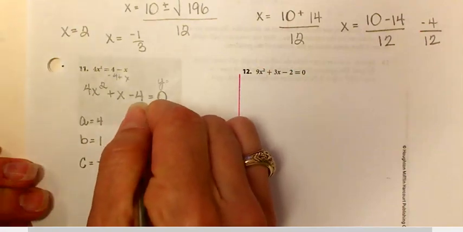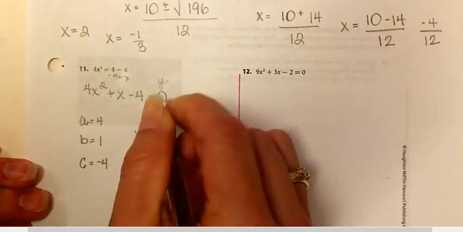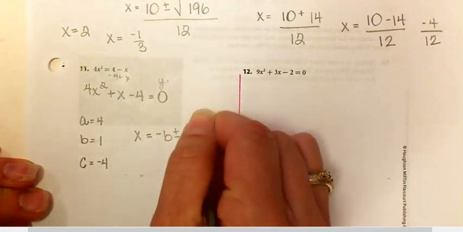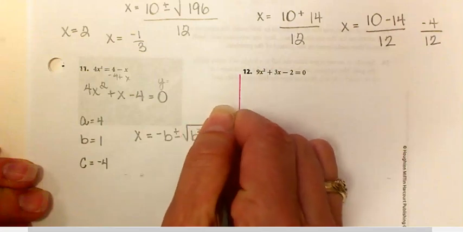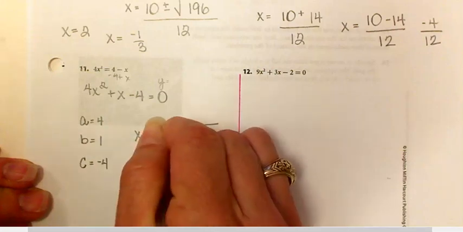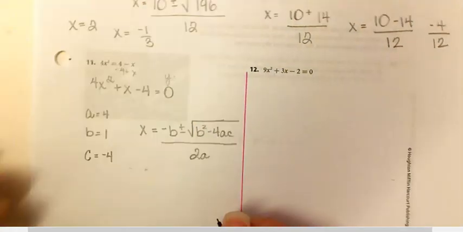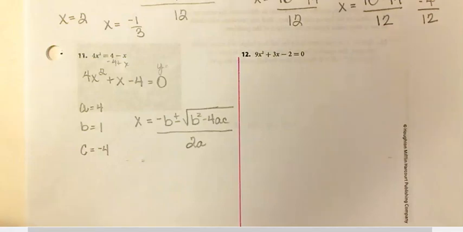The whole thing, quadratic formula, x is equal to negative b plus or minus the square root of b squared minus 4ac, all of that over 2a. All right, so let's sub some stuff in.